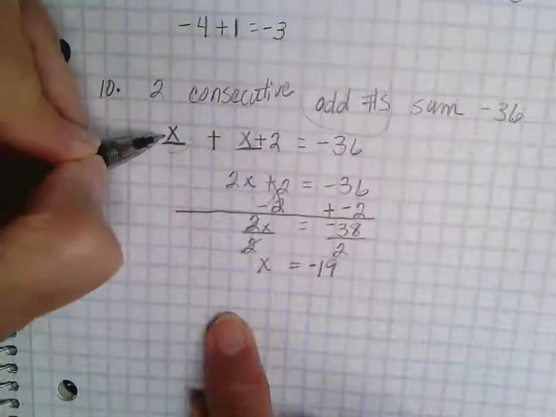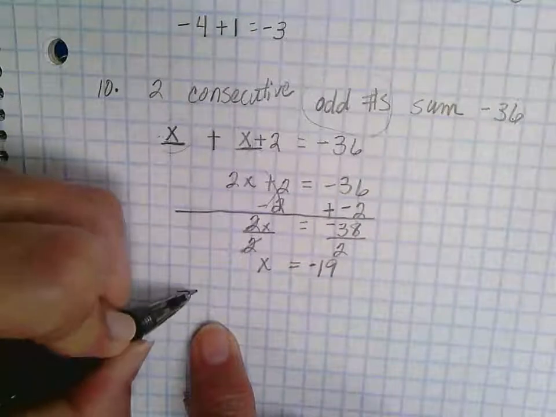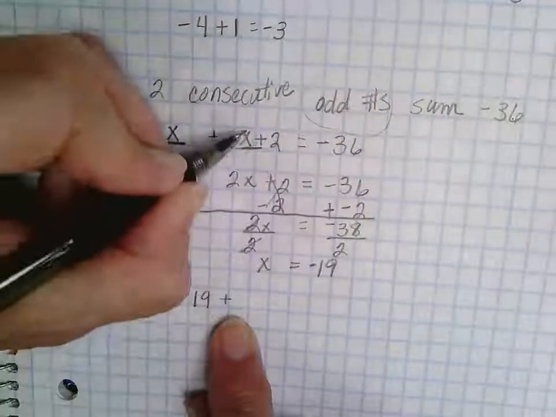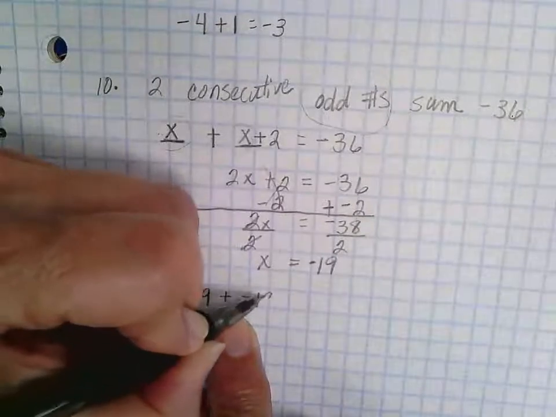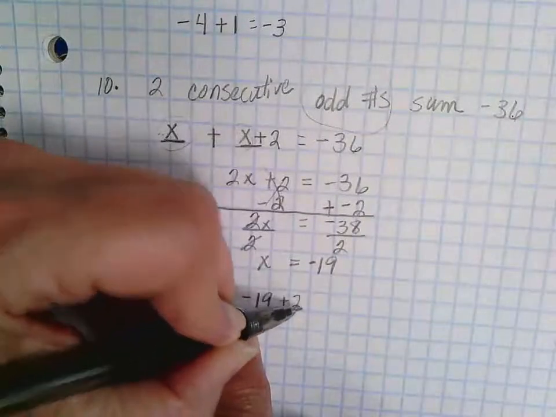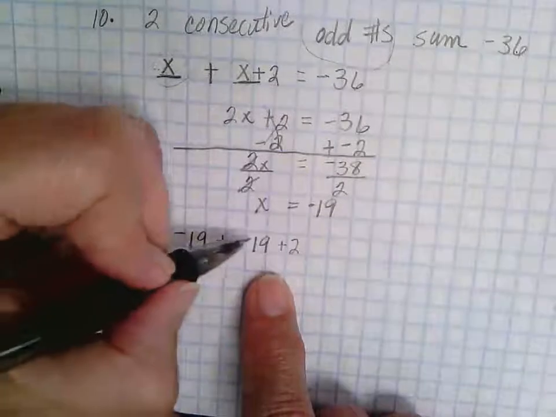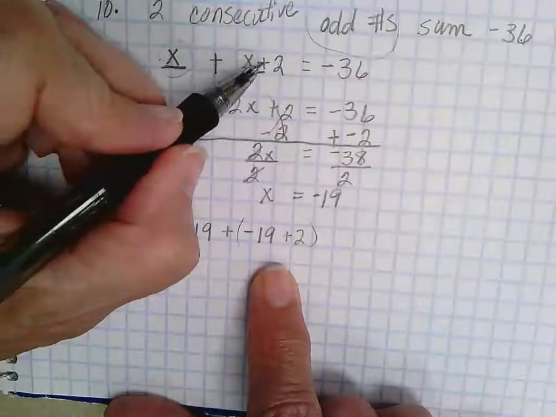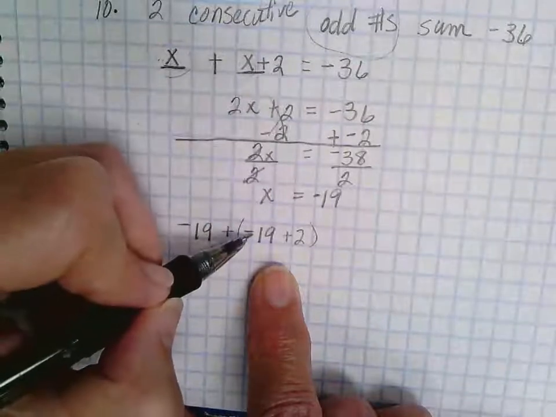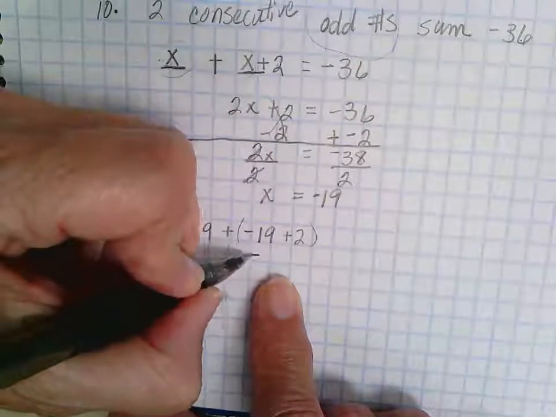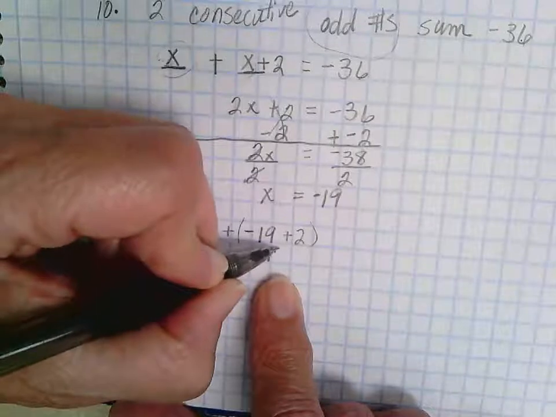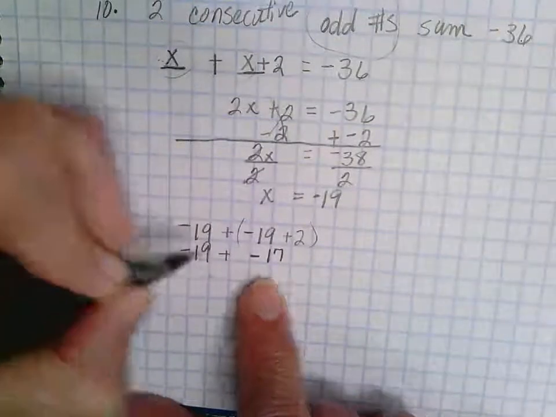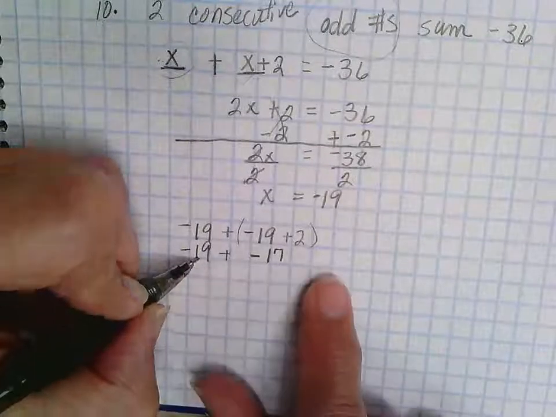So looking back at my equation, I have -19 plus, and we might just want to write this out, -19 plus 2. That's the value of my second number right here. -19 plus 2. So this is going to end up being -17 plus the original number I started with.